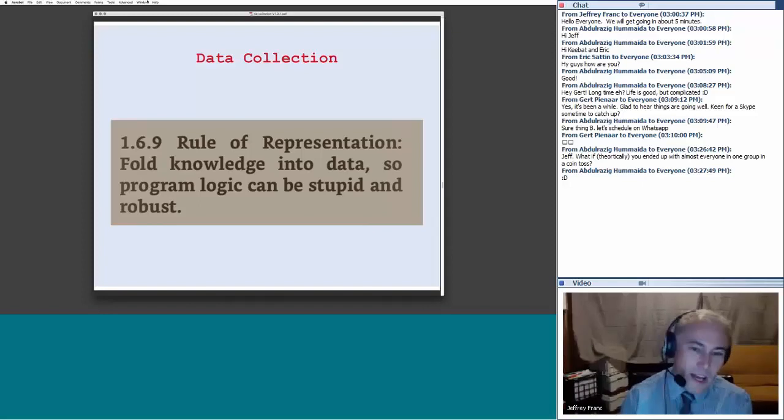By stupid we mean that it should be easy enough for anyone to do your data analysis by looking at your data. You don't want to have to spend 2 hours describing your data set to someone so that they can do the statistical analysis. And it should be robust in that we want to make it difficult to make a mistake.